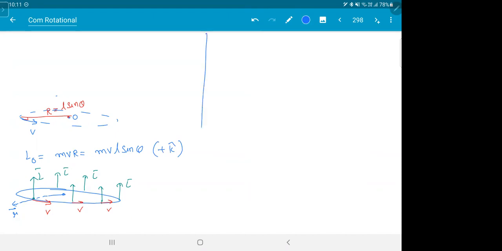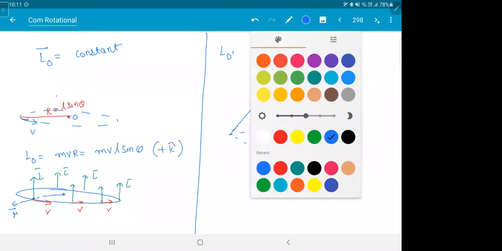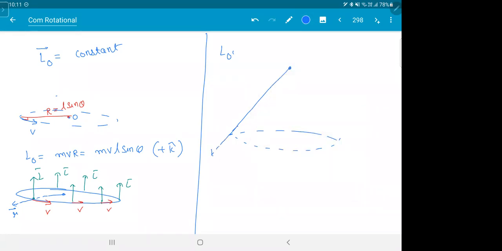The next one, the O dash is an interesting one. So if you see, LO is constant. Magnitude is MVL sin theta, direction is also constant. Look at LO dash. Listen carefully. The diagram, if you get it, it is very easy. This is your R bar.